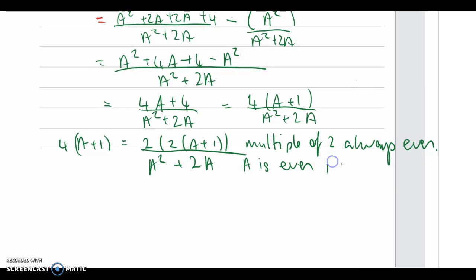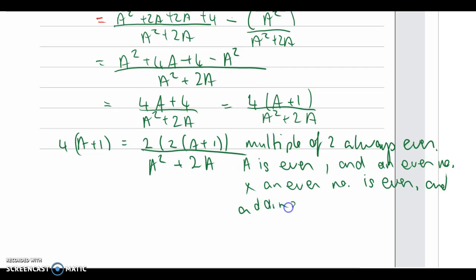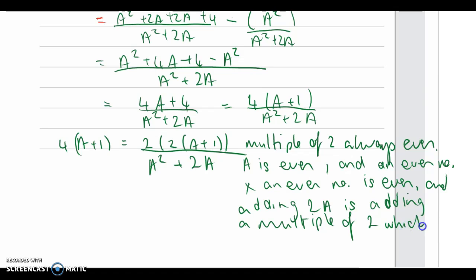A is even, and an even number times an even number is even, and adding 2A is adding a multiple of 2, which is also even.